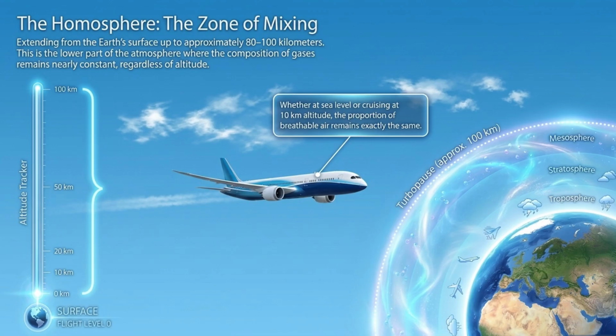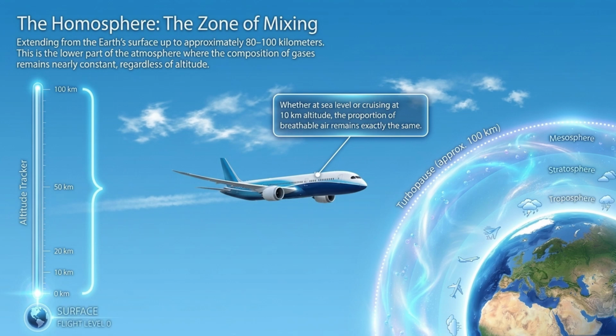The main reason for this mixing is the continuous movement of air. Wind circulation, turbulence and convection keep the gases thoroughly mixed. For example, whether we are at sea level or at an altitude of around 10 km, the proportion of the major gases in the air remains almost the same.